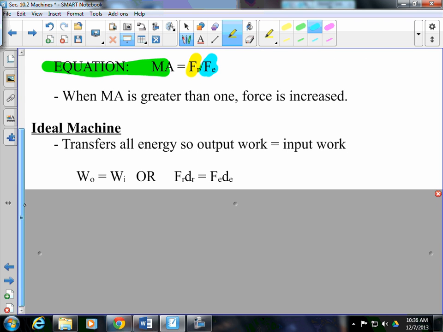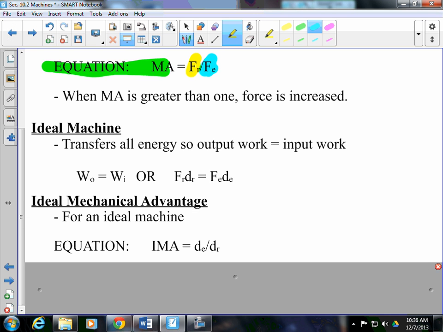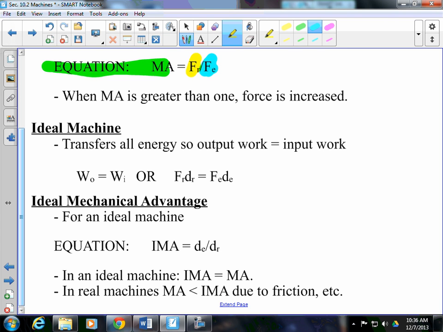Now we just talked about mechanical advantage. We're talking about ideal machines. There is my ideal mechanical advantage. What would be the best thing that you could get out of that machine? So ideal mechanical advantage for the machine. For an ideal machine, IMA, we abbreviate ideal mechanical advantage.